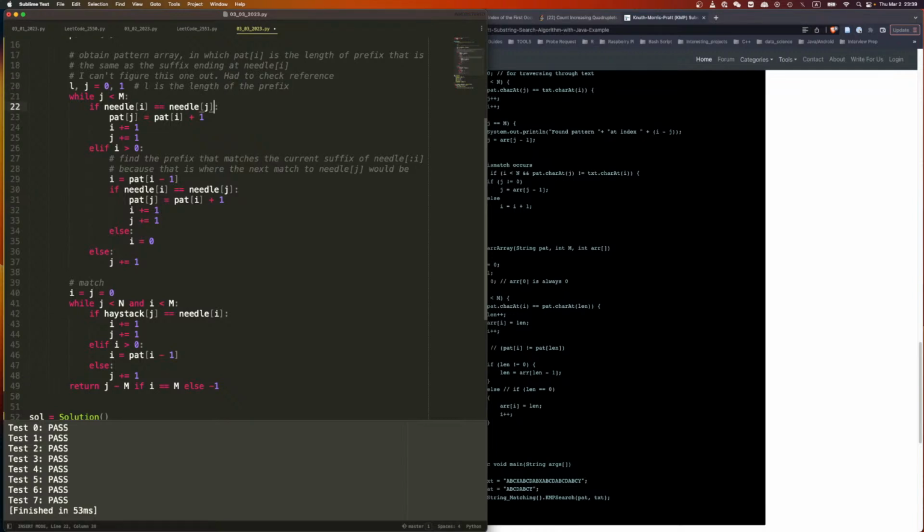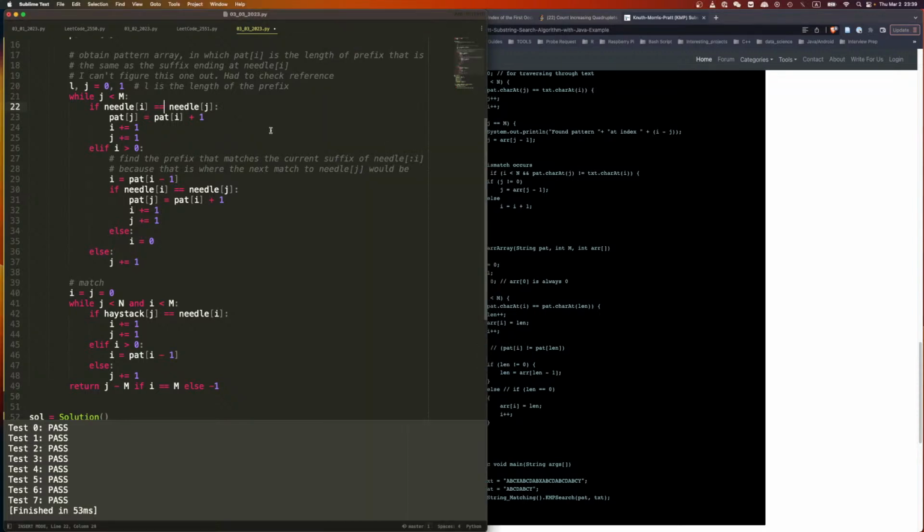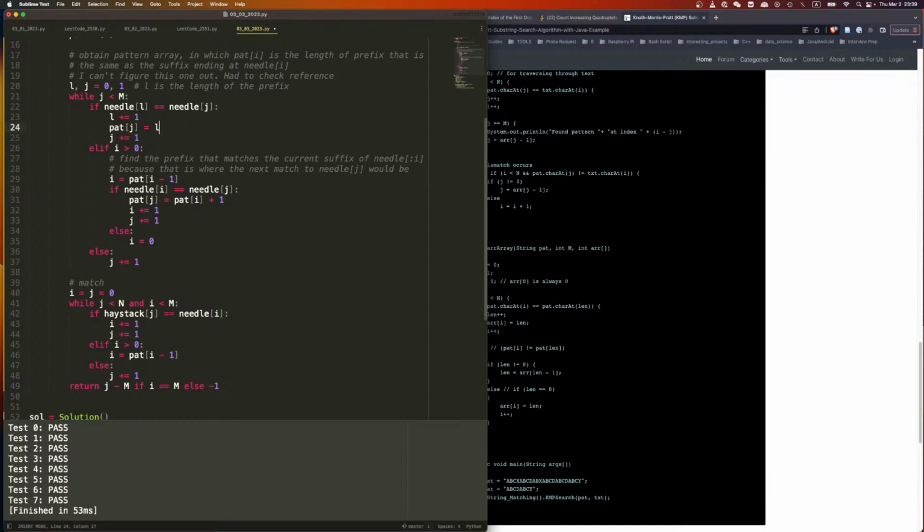And we say if needle at J is equal to this, then length plus equal 1, and the pattern at J will equal to length, which is understandable, and J will plus equal 1, right? Because every time the length increments.